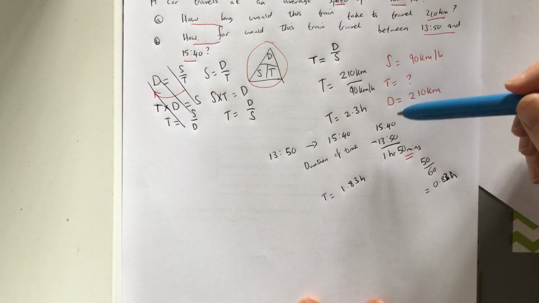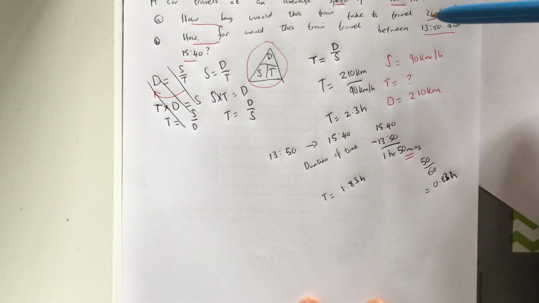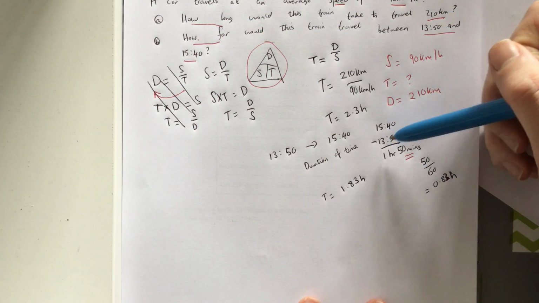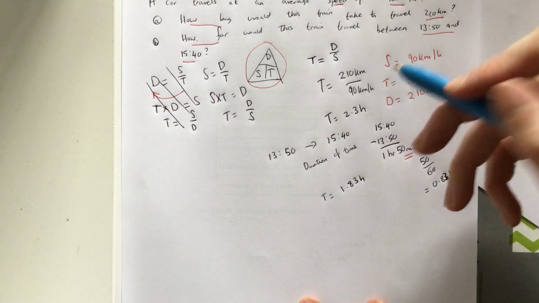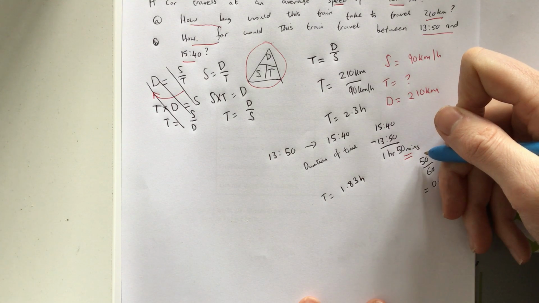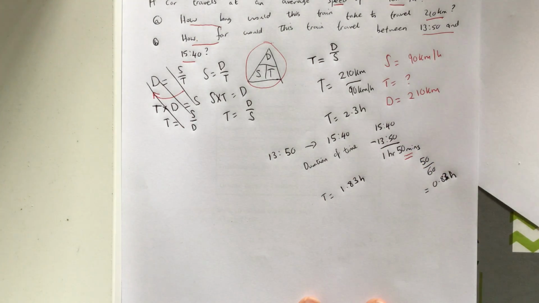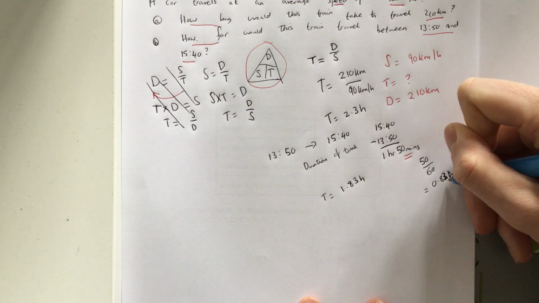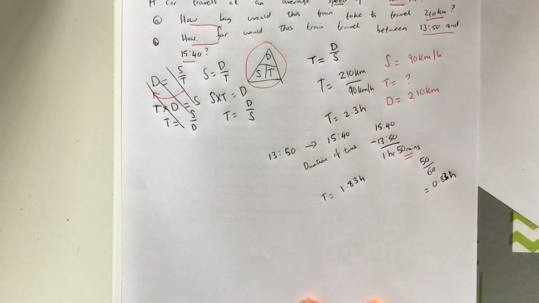Do you see that? We started the journey at 1350 and finished at 1540, so I subtract 1350 from 1540 using my calculator. I got 1 hour, 50 minutes. I didn't want the minutes in the form they are. I want it as a decimal, so I divide 50 by 60 to get 0.83 of an hour. I added that on to the original 1 hour, so 1.83 hours.